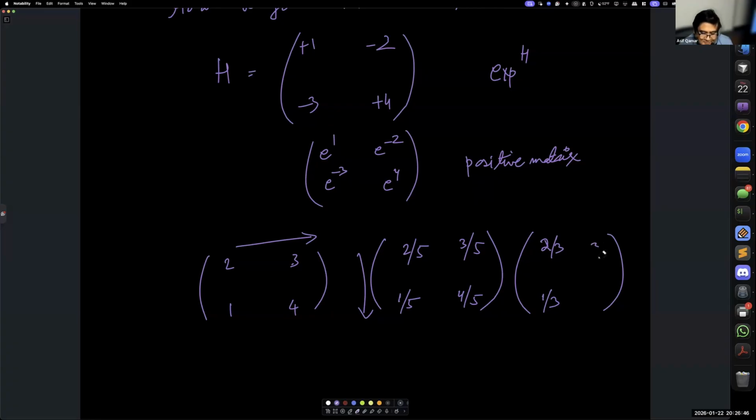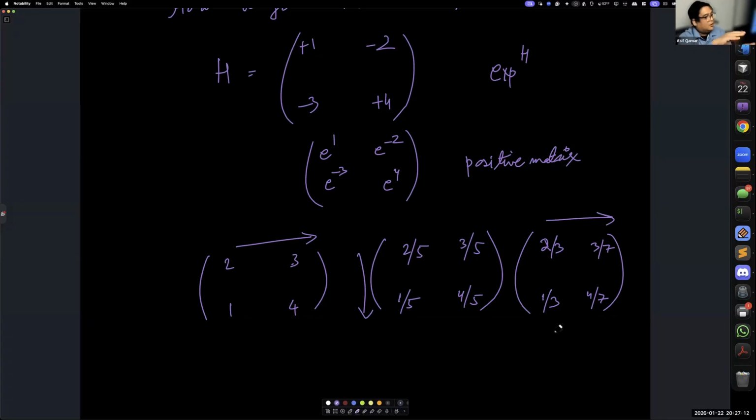This will become 3/7, and this will become 4/7. So now columns are working, but now the rows have gotten screwed. But do you notice that they don't look as screwed anymore? 2/3 is 0.66, and 3/7 is 0.4 something. They sort of add up to 1. It's a better thing. So I repeat this.